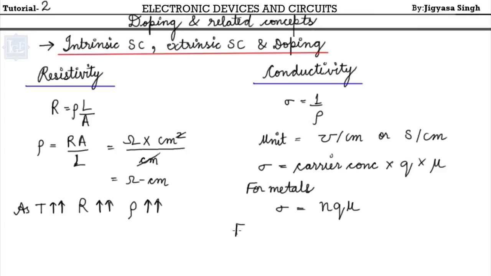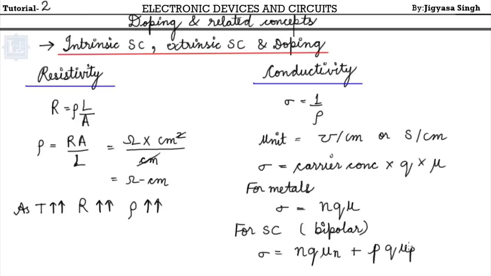And for semiconductor, what we know is that it is bipolar, right? So what can I write? Conductivity would be N Q and the mobility of electrons, plus P Q and mobility of holes.